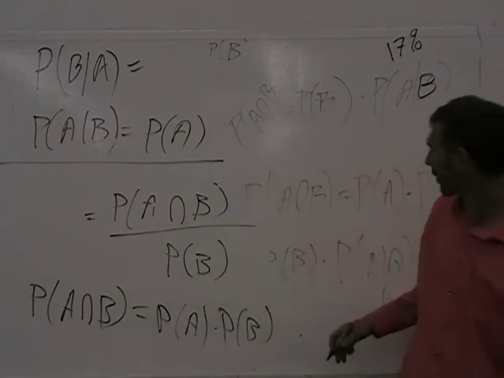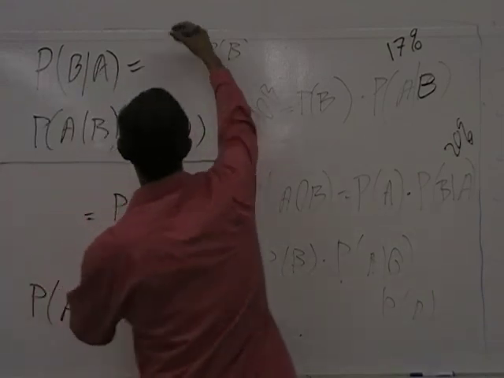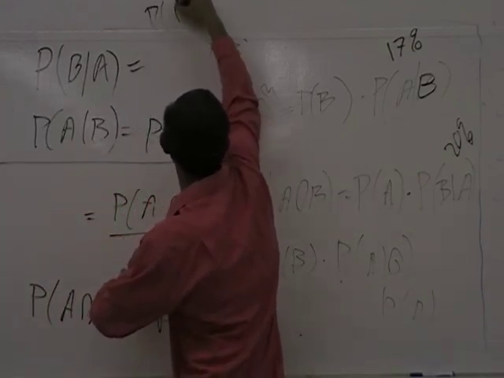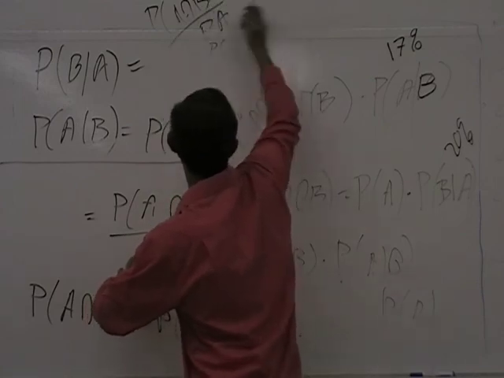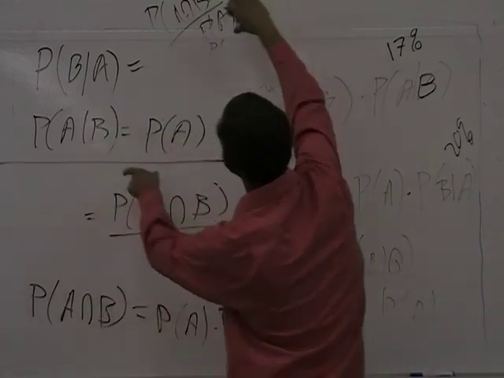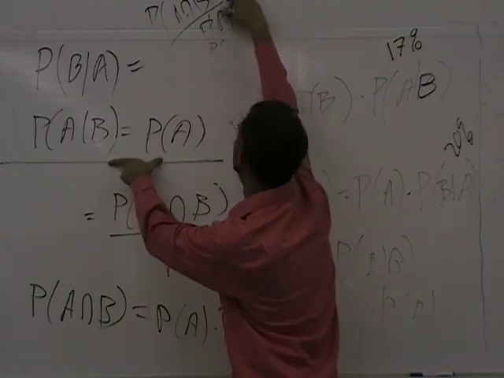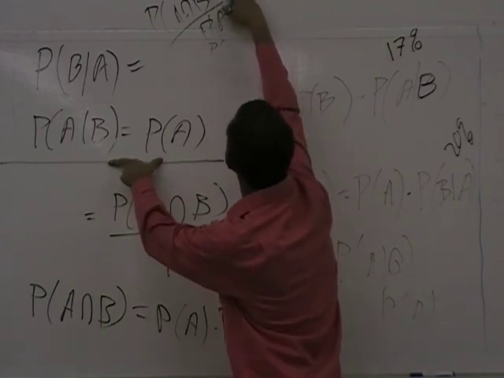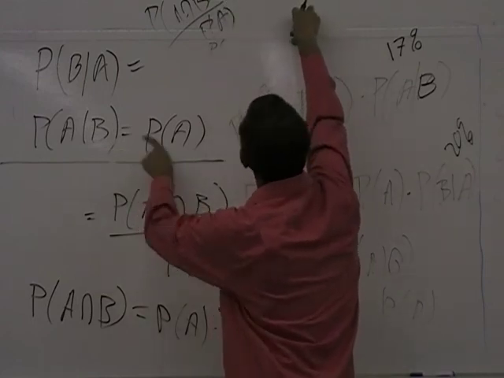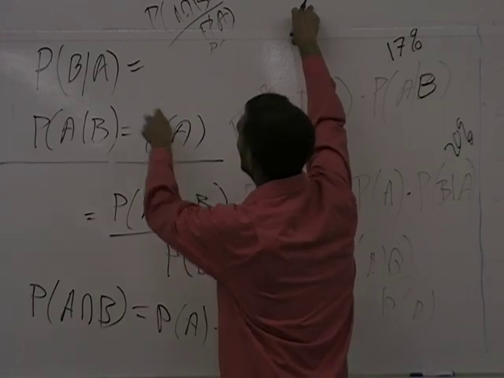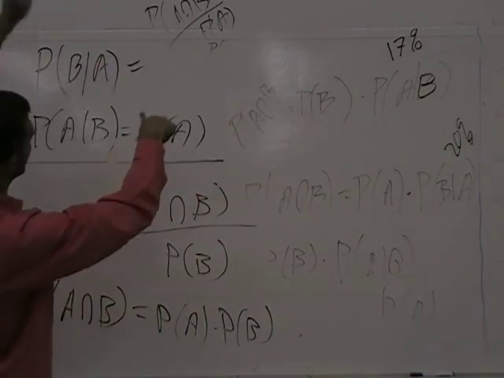That's rhetorical. So this is probability A intersect B over probability of A. I just need to flip it around the right way.